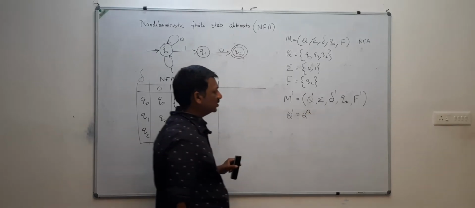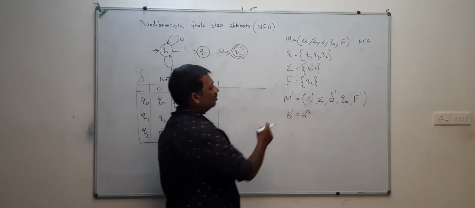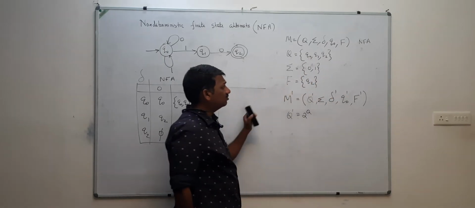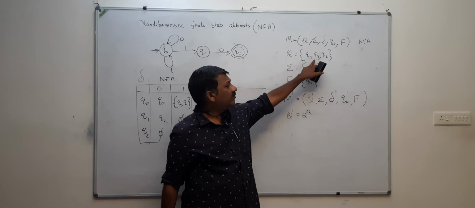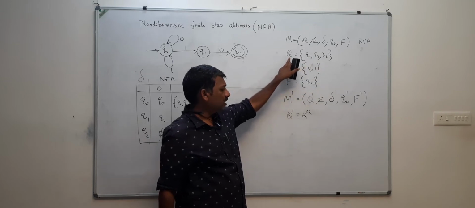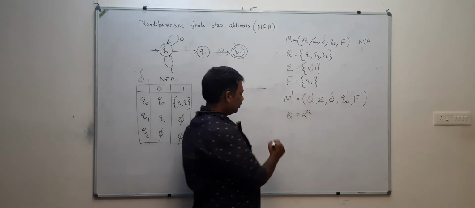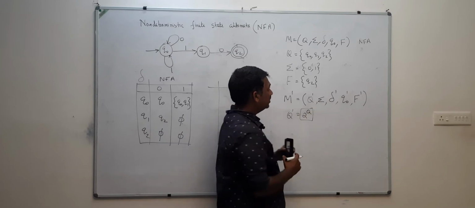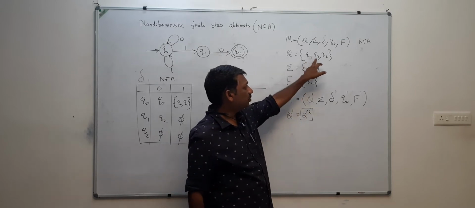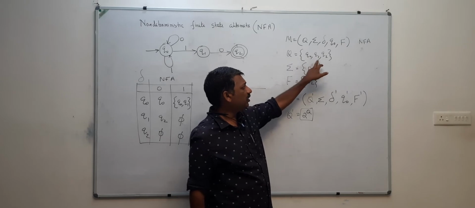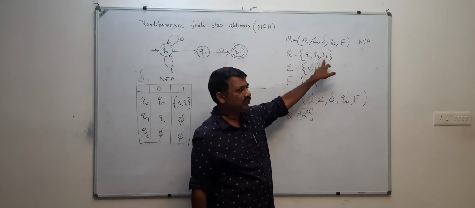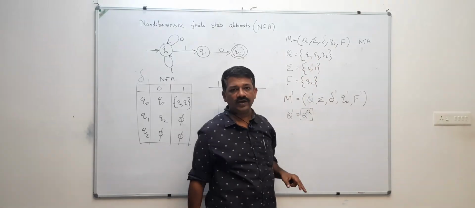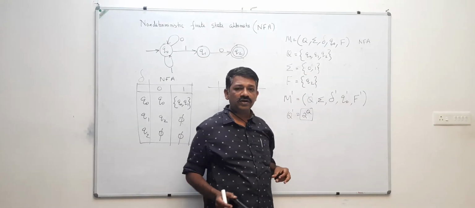Q dash is the power set of Q. Now you have three elements in the set Q, and the power set of Q is represented by 2 raised to Q. That means it has Q0, Q1, Q2, Q0Q1, Q1Q2, Q0Q2, Q0Q1Q2 and phi. Phi is the empty set.